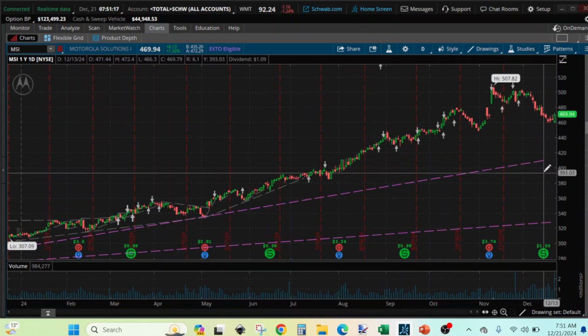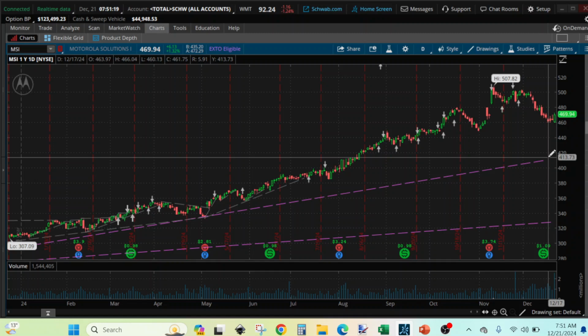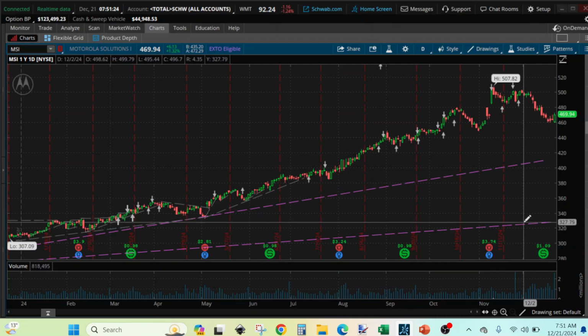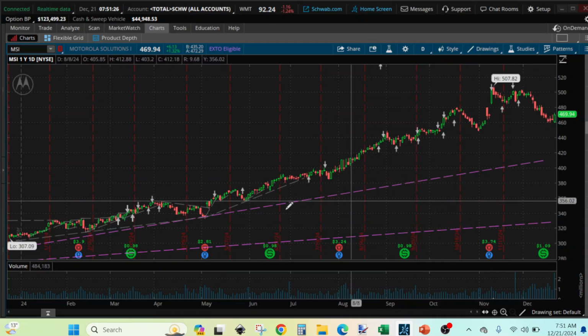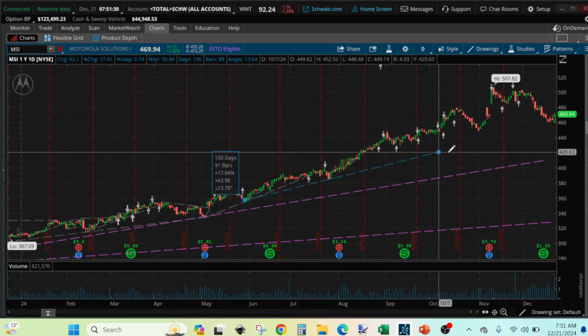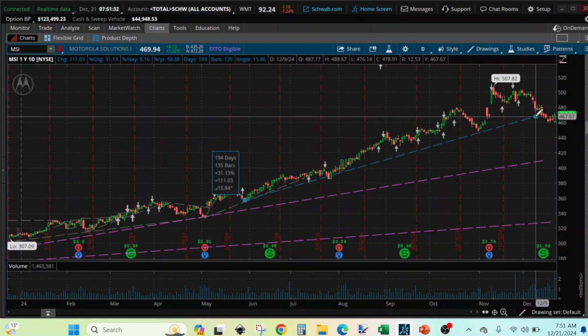So yeah, those are the lines to buy it on, in my opinion. It doesn't come to it often though. We can easily trace this trend line here.